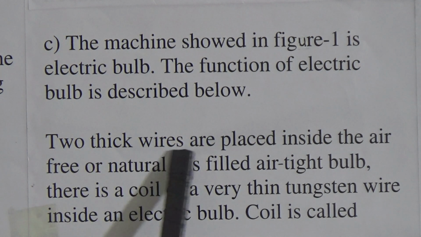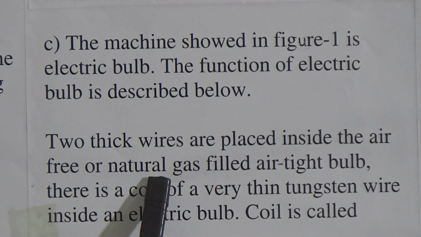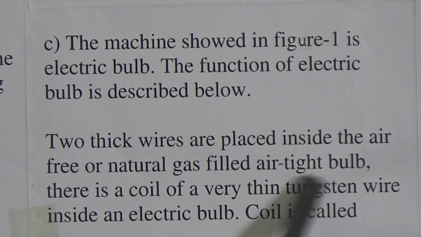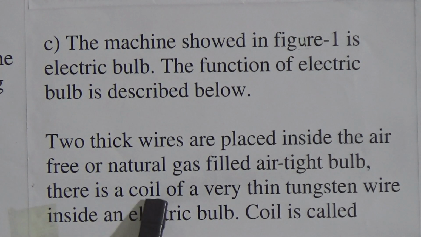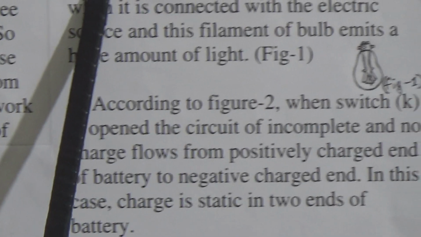Two thick wires are placed inside the air-free or natural gas filled airtight bulb. There is a coil of very thin tungsten wire inside an electric bulb. The coil is called the filament.